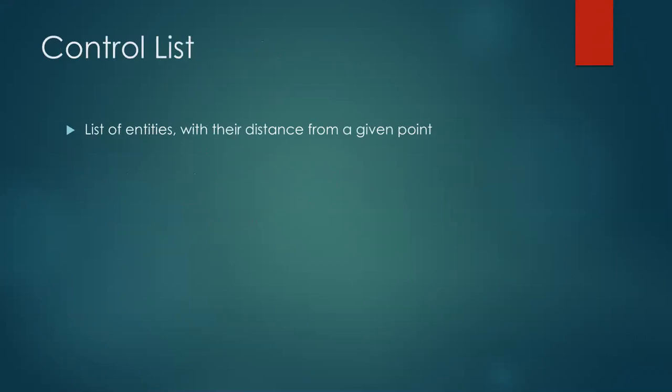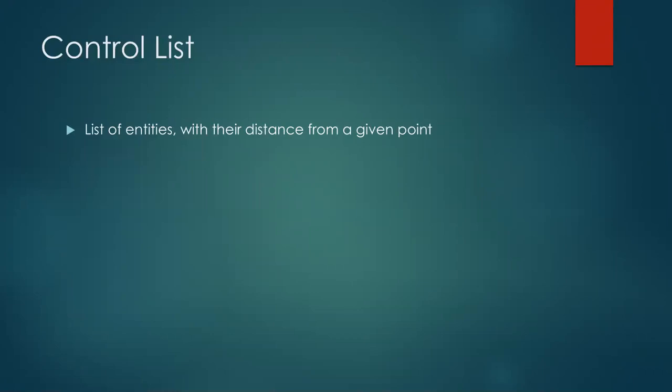So I'm going to make this specific for our challenge of the day. Remember, we want to select a block, and we want to find all the other blocks in the drawing. And so we want to basically process the entities in a drawing and do something with that.